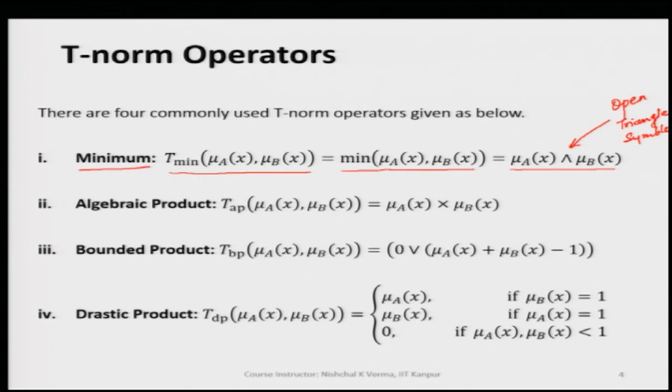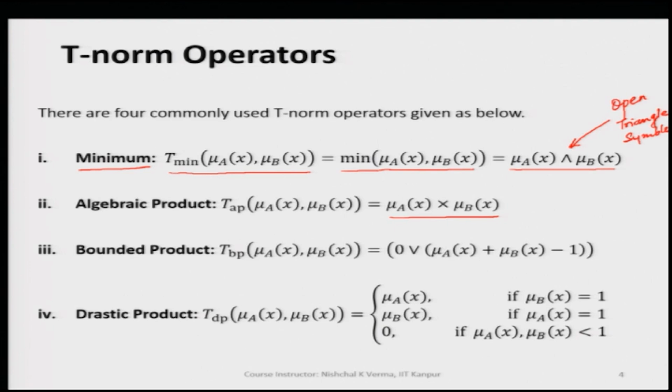So, T A P of mu a of x and mu b of x is going to give us mu a of x times mu b of x. When we are interested in the T norm as algebraic product, we will simply multiply the membership values.